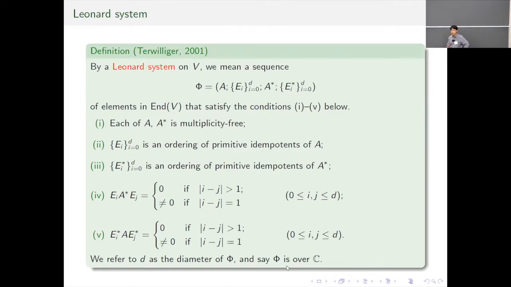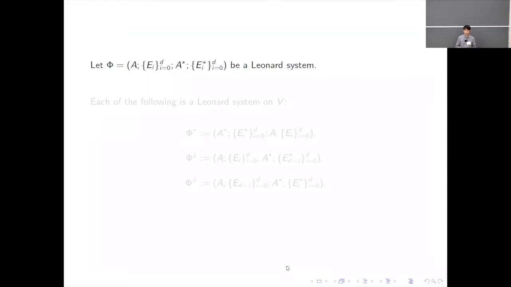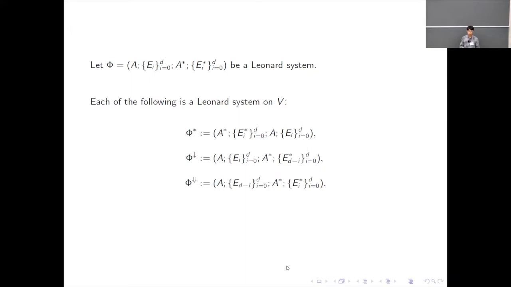So in the previous lecture, Professor Terwilliger introduced the concept of a tridiagonal system. So this is the special case of the tridiagonal system, where each eigenspace has dimension 1. We refer to D as the diameter of Phi. And when we have a Leonard system Phi, then we have 3 more Leonard systems, namely Phi*, Phi down arrow, and Phi double down arrow.